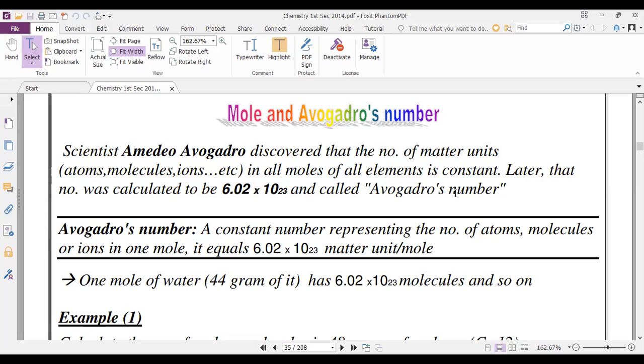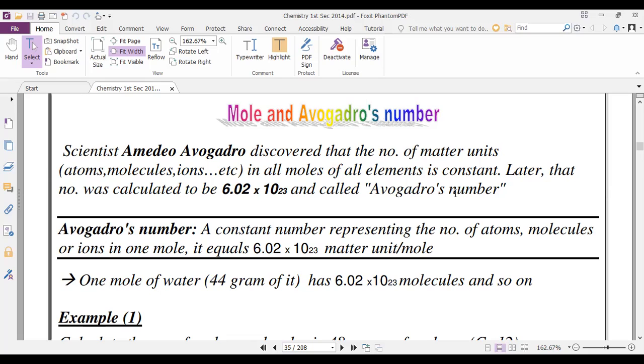Later that number was calculated to be 6.02 times 10 power 23, and this is called Avogadro's number. And this is a fixed number.